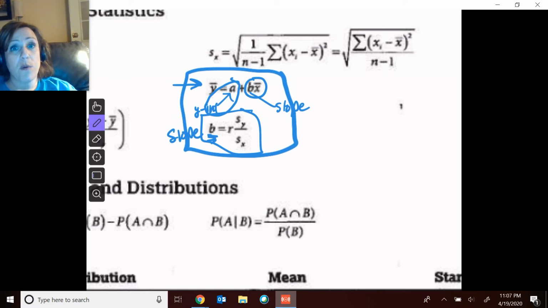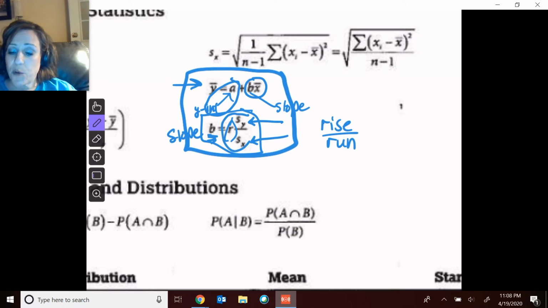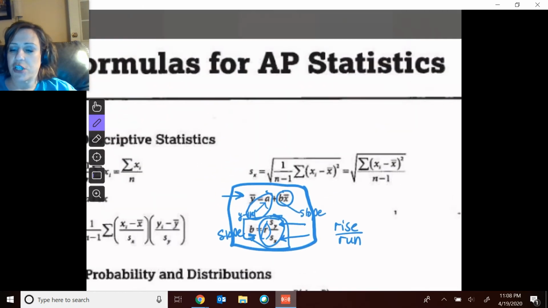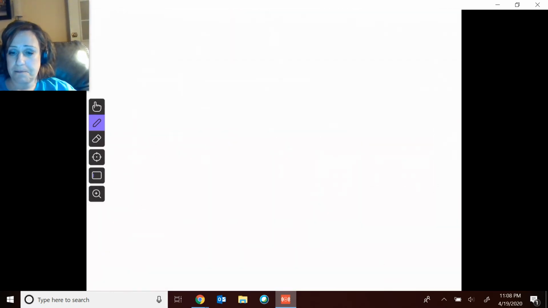When we did lines, slope was rise over run. This goes along those same lines, but we have the variability in the y's over the variability in the x's, multiplied by how well those x's and y's are correlated together. I think this formula makes natural sense. And it's there on your formula chart, so you didn't have to have it memorized.